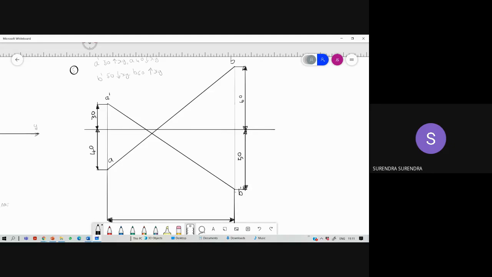Suppose if it is a horizontal dimension line, we represent it directly above the line. Distance between the projectors 100 mm. But what about the vertical? For vertical, there is confusion whether to draw on the left side or right side. So always, on the left-hand side line, when you are seeing the sheet from right to left in this direction, the number should look as if it is above the dimension line.